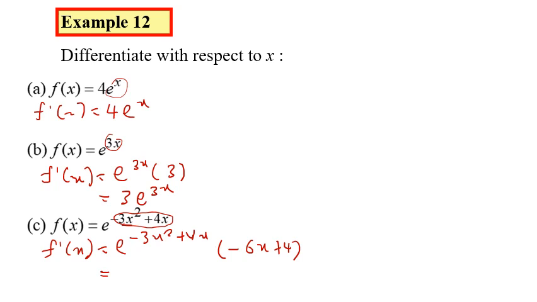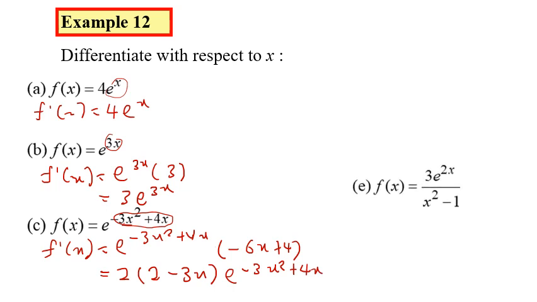If you want to factorize, we take 2 outside, so 2 times 2 minus 3x, and then e to the negative 3x squared plus 4x. After that we also have questions D and E, and we'll show the solution on the next slide.